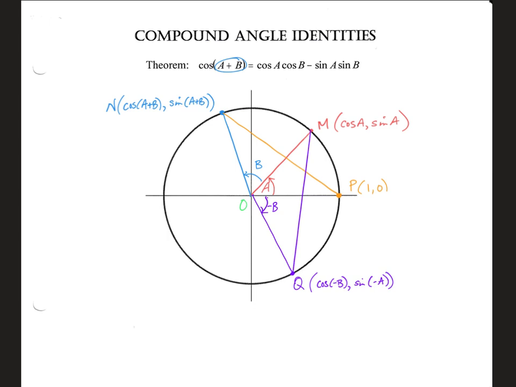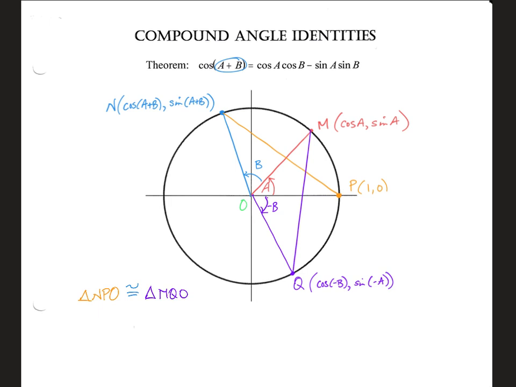Now, some people may be able to look at those diagrams and understand the importance. I'm going to write down exactly what we just found because it is huge. That triangle NPO, and you may recognize that symbol, as compared with triangle MQO.